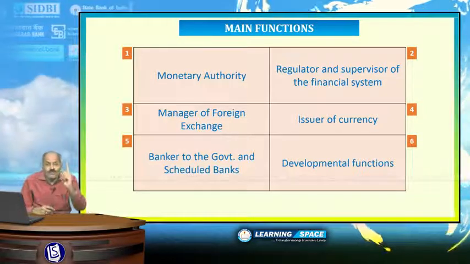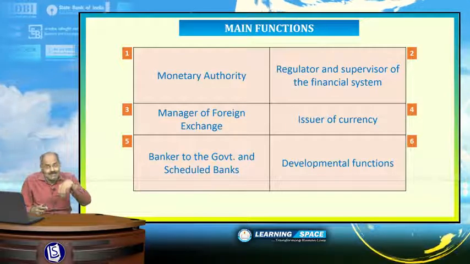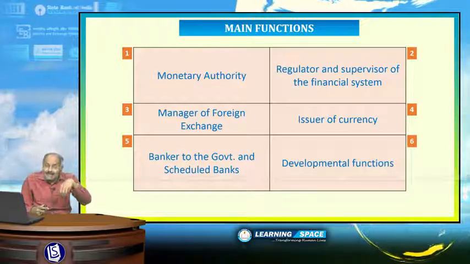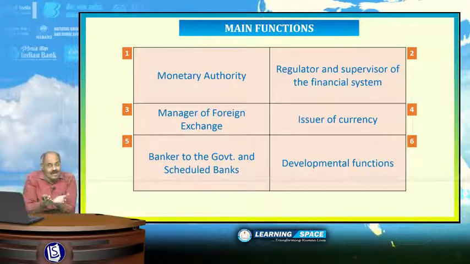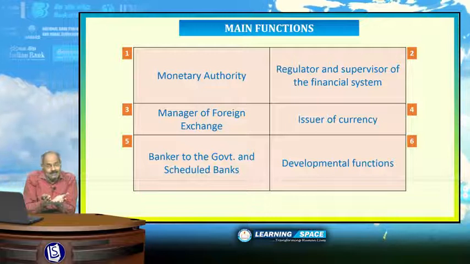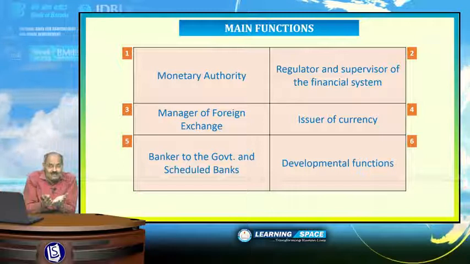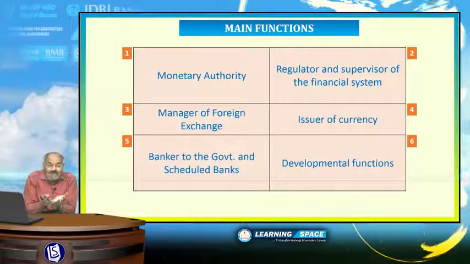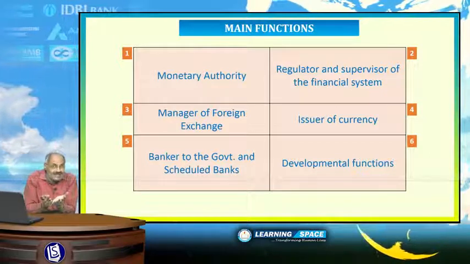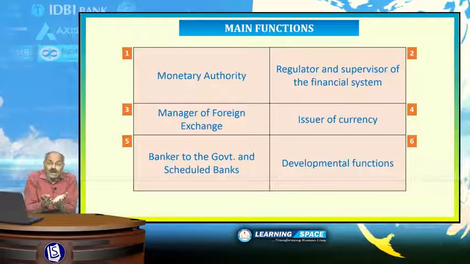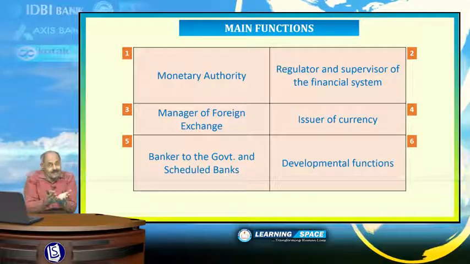The first and foremost function is that it will act as a monetary authority. The basic purpose of a monetary authority is to preserve the intrinsic value of the rupee. The rupee should not fall. When there is inflation, that means the value of the rupee will fall. RBI will take steps to control inflation so as to preserve the value of the rupee.